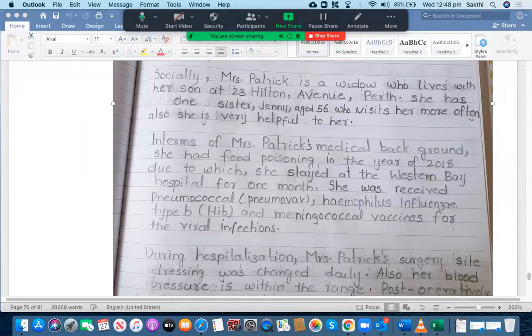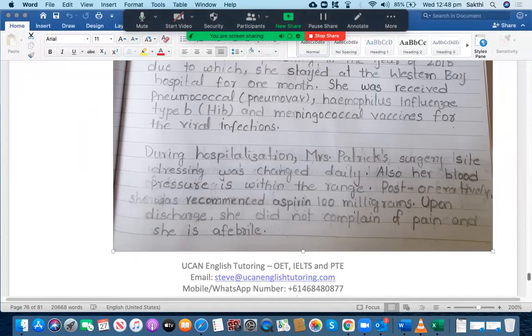During hospitalization, Mrs. Patrick's surgery site dressing was changed daily, that's good.